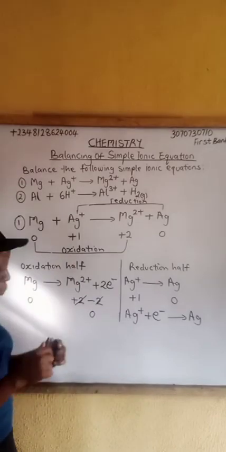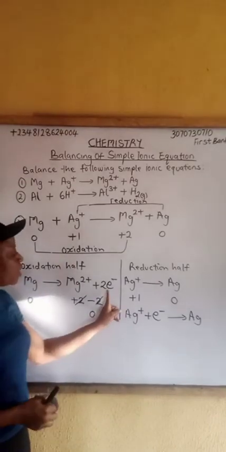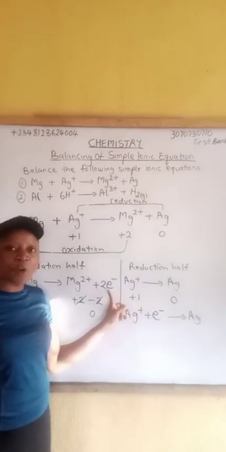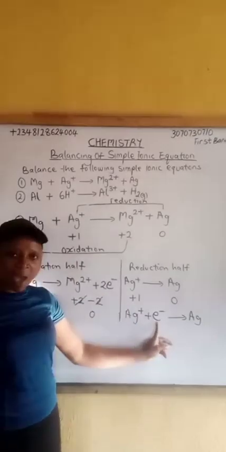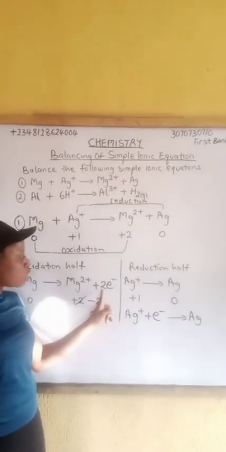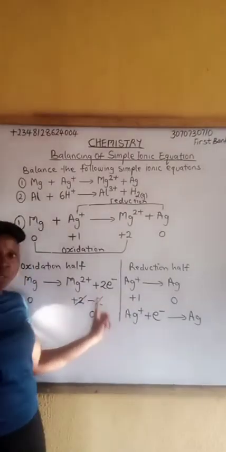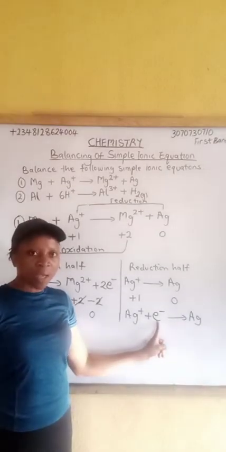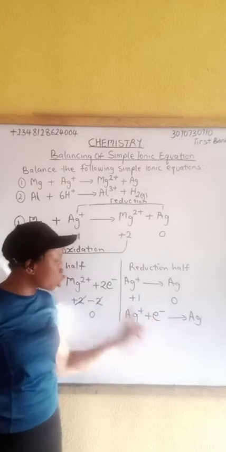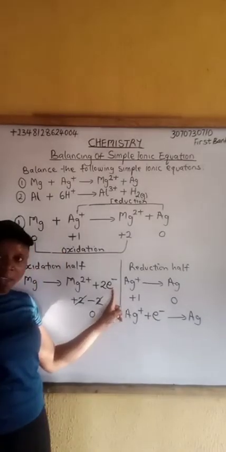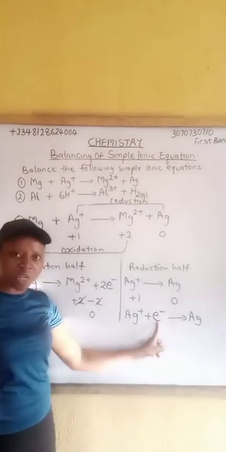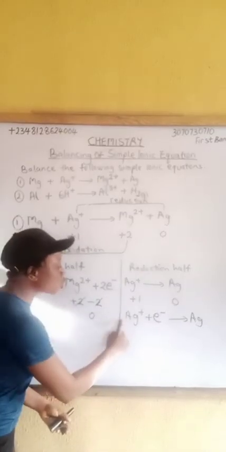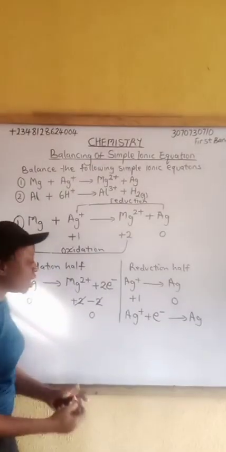Now the next step, consider the number of electrons in the first half and the second half. The number of electrons from the first half reaction must be equal to the number of electrons in the second half reaction. We have 2 electrons here and 1 electron here. So we are going to multiply this one by 2 to give us 2 electrons.